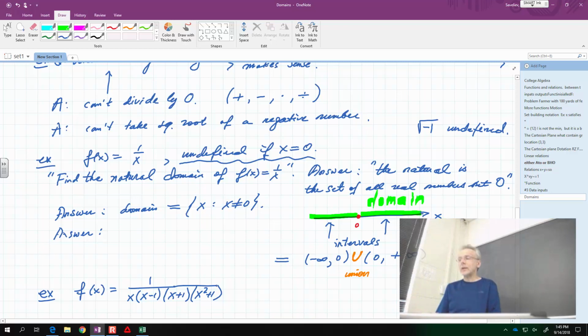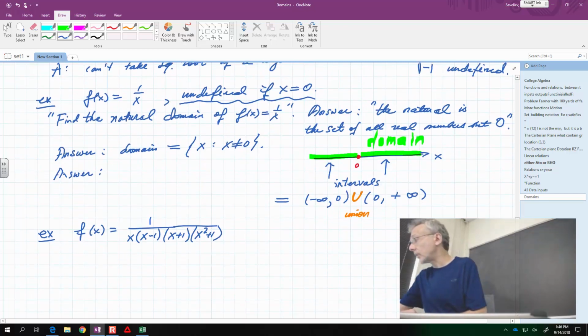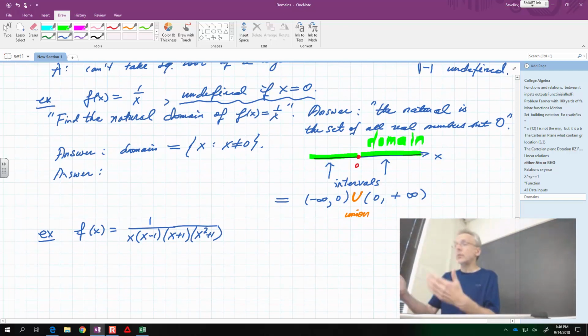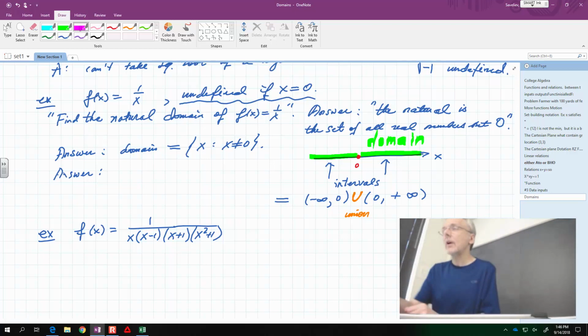And once again, you have a bunch of divisions here. So you have a function with a big fraction with a denominator which depends on x, and there are many possibilities how this thing can turn into 0. Each of those possibilities would have to be taken into account. So the question is still the same: find the natural domain.